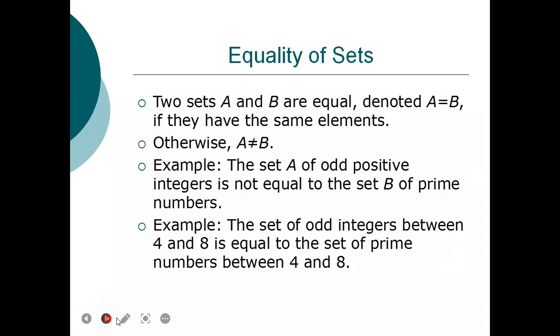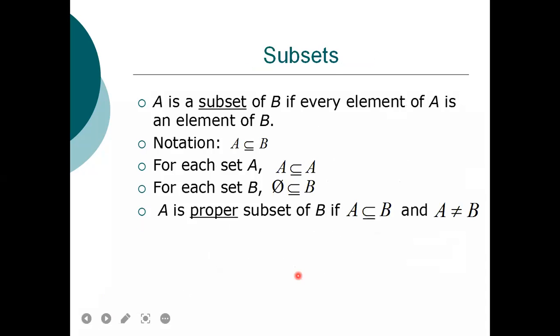And subset, which is called actually subset. A is a subset of B if every element of A is an element of B. That means all elements of A exist in B. Notation, A is a subset of B. For each set A, we can write that the set is a subset of itself.